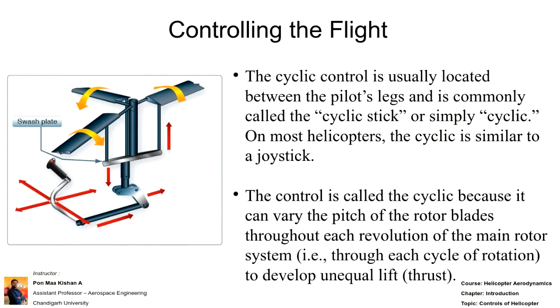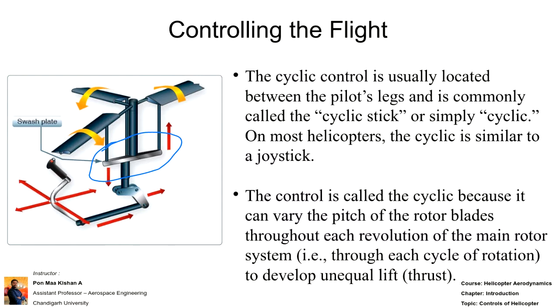Swash plate is nothing but, if we use the cyclic control to move forward or backward or left or right, when the pilot is pushing that joystick forward, what will happen to the helicopter rotor blades? If this is the rotor blade, it will be deflecting like this. So kindly look into the video so that you can easily understand that.